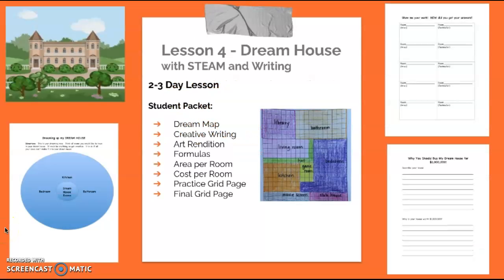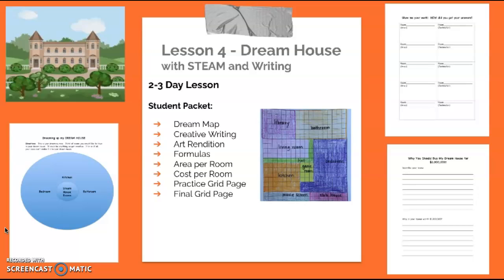And finally, the end of the unit, the dream house. This is going to have the STEAM and the writing component. This is a very large project, which is why it will take several days, but it is going to be a really fun way to end the unit. They'll get to do some dreaming and some mapping on their dream house, which is what they're going to be creating. They get to write a creative piece about why their dream house should be sold for $1 million.